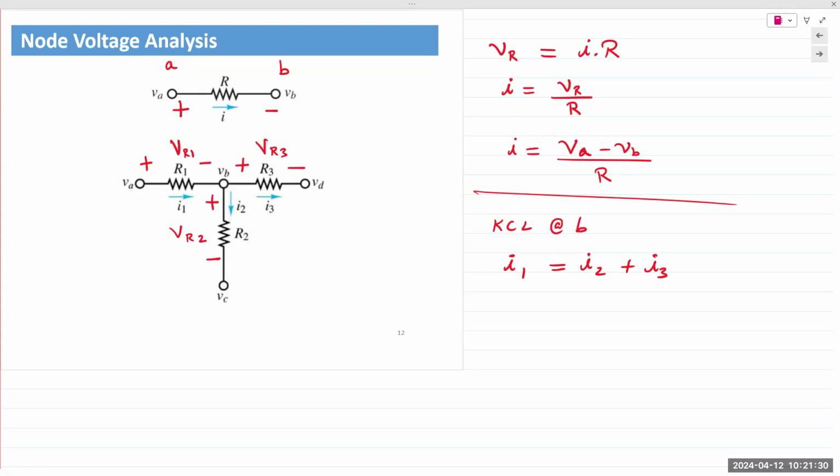And then I use Ohm's law to express each individual current in terms of the resistor voltage. So I1 becomes VR1 divided by R1. I2 becomes VR2 divided by R2. And then I3 becomes VR3 divided by R3.